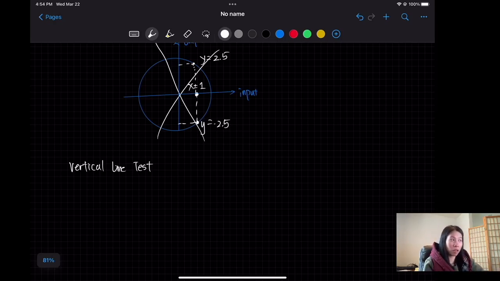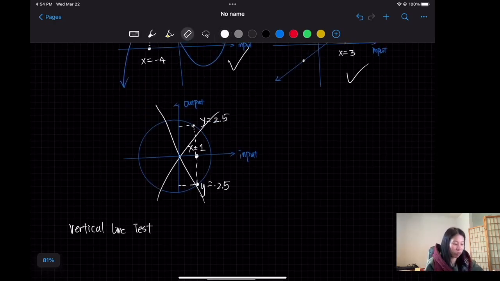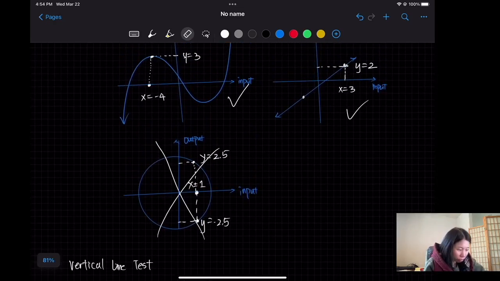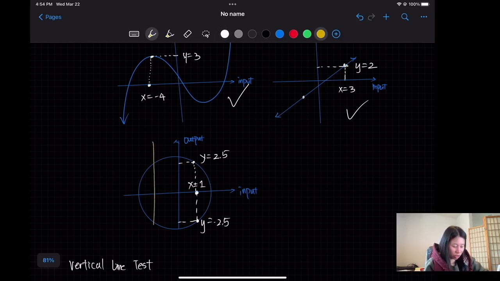If any vertical line would cross the graph more than once, then the graph does not define one vertical output for each horizontal input. What does that mean? If I draw a straight line in here, do you see this is a vertical straight line? Now this line intersects the graph at 2 points. So that means this is not a function.